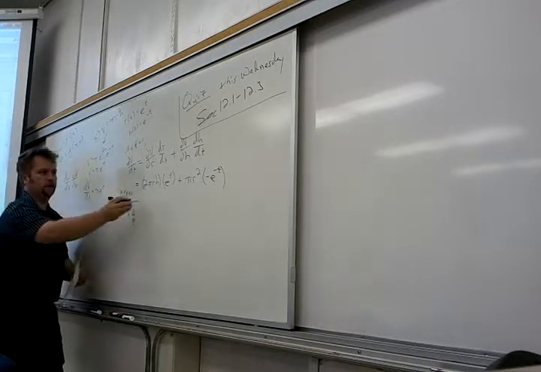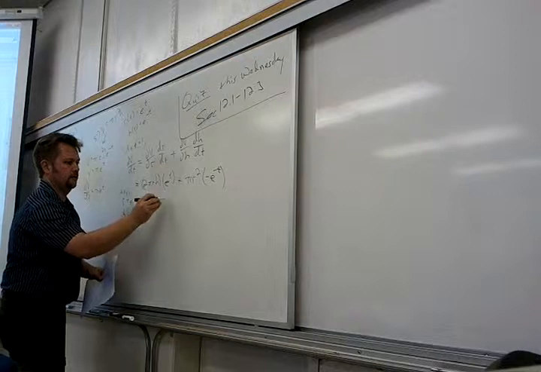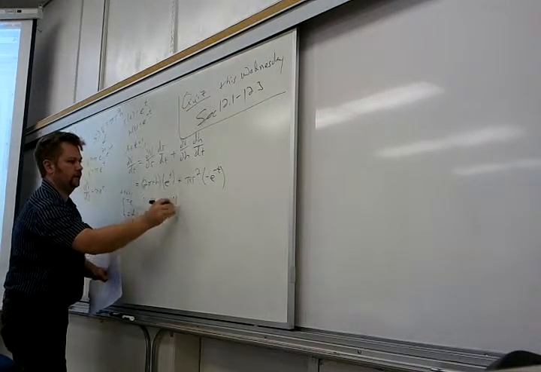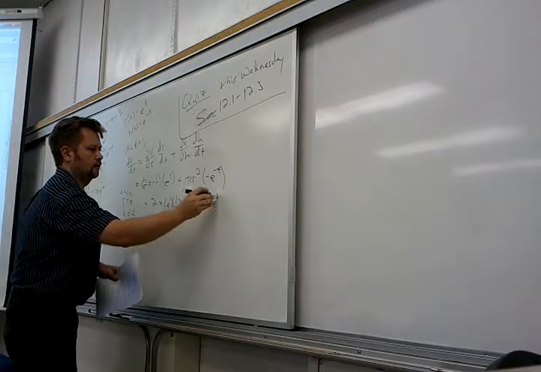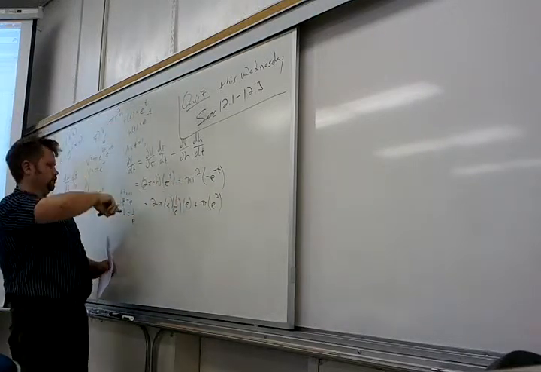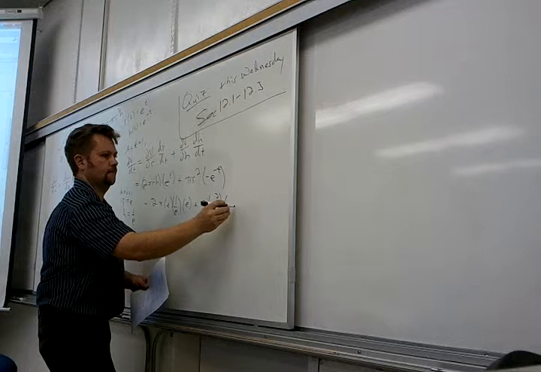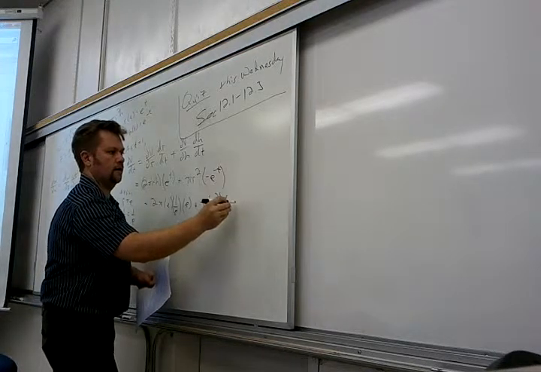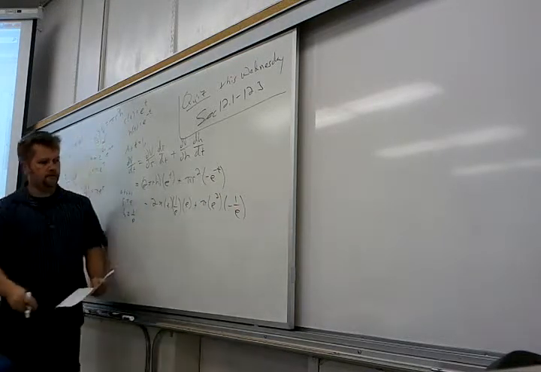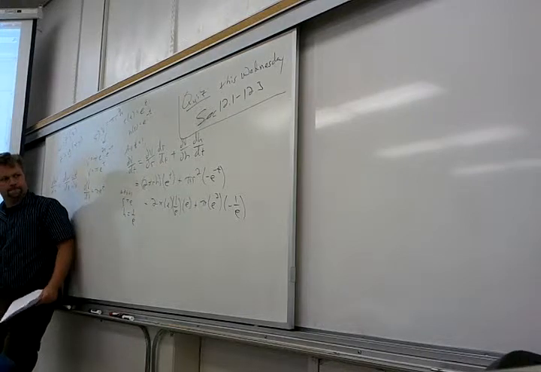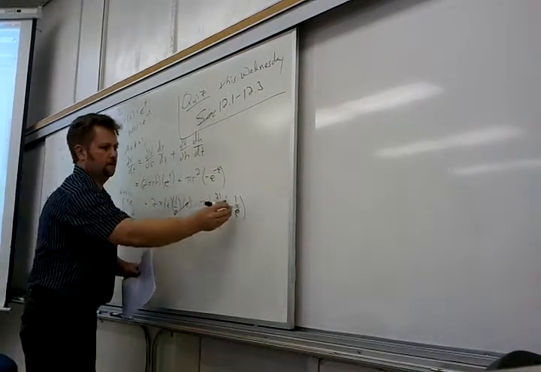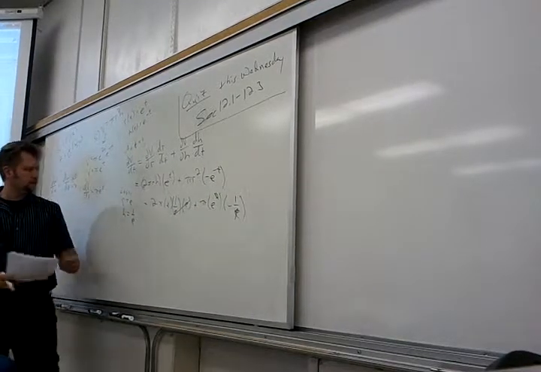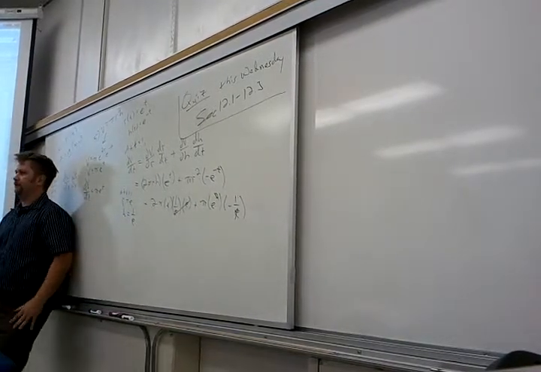You would get 2 pi e times 1 over e, because r is e. Yep. So if you do this out, you'll get 2 pi e minus pi e is pi e. You get the same thing.